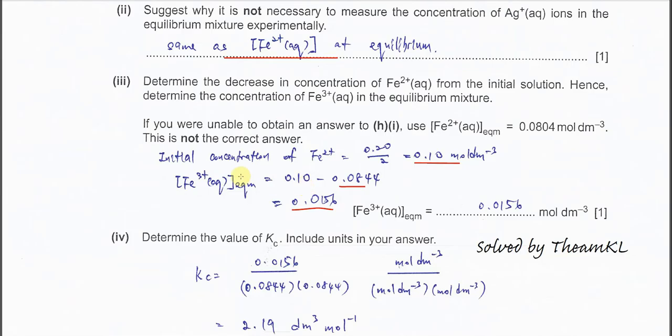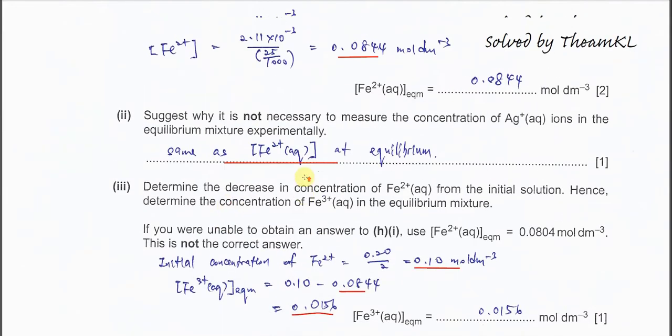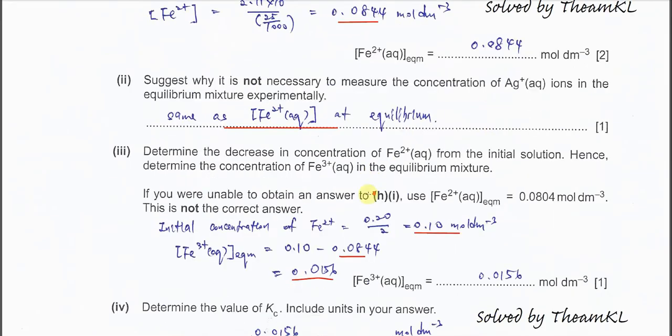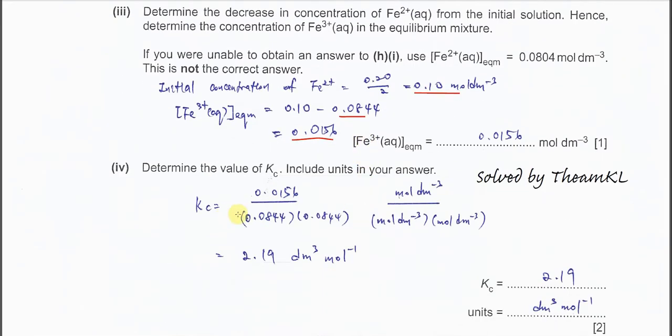Now we get the concentration of iron 3 at equilibrium, and the concentration of Fe2+ at equilibrium, so we can substitute the values into the Kc expression: 0.0156 over 0.0844 squared. So we get 2.19.